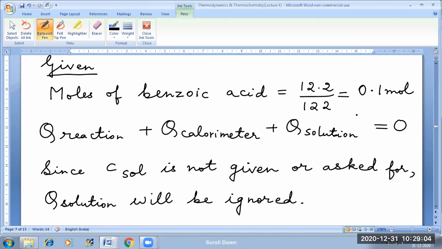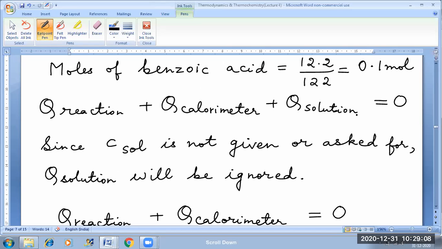Now put Q reaction plus Q calorimeter plus Q solution equal to 0. Since C solution is not given, I'll take C solution equal to 0. If I take C solution equal to 0, then this entire term will become 0, because Q solution is mass of solution into C solution into delta T. C solution is 0, so this entire term will vanish.